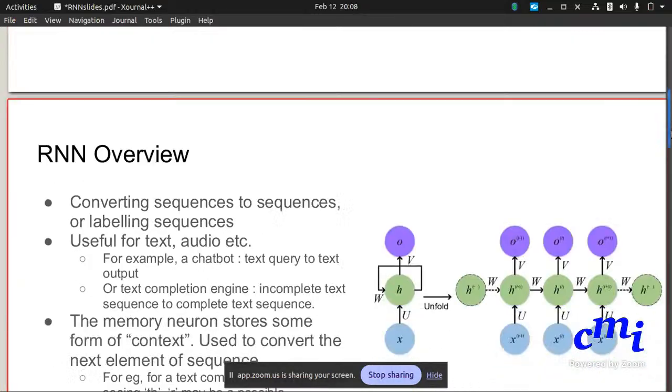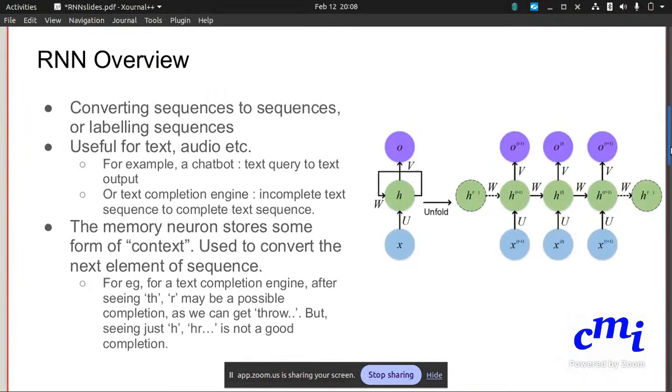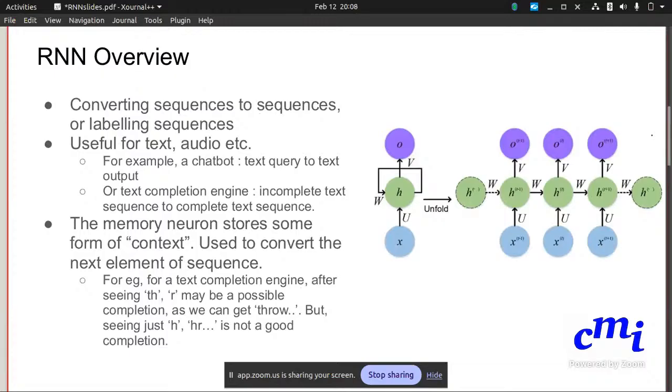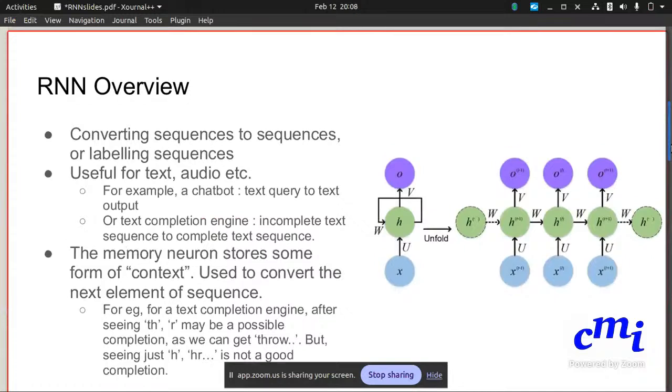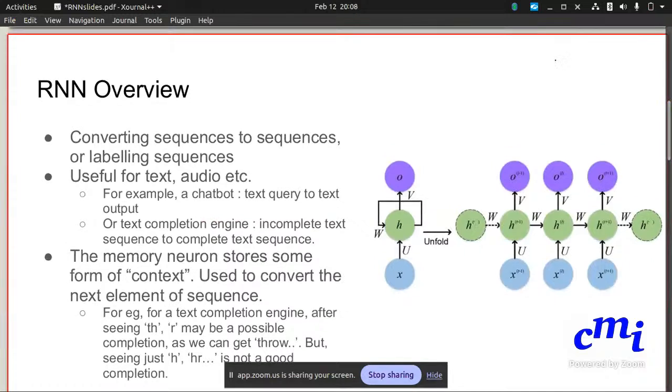Okay, so with that, I guess I'll just start. What are RNNs, right? So far we've been looking at neural networks where the domain is R^n, and we want the output in R^m.